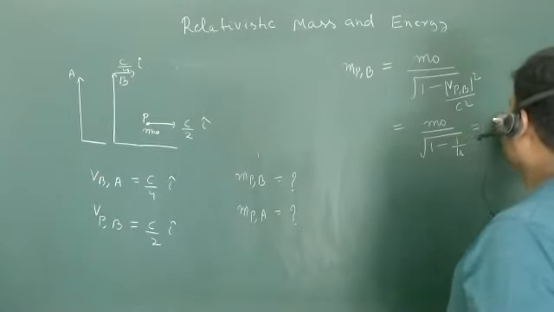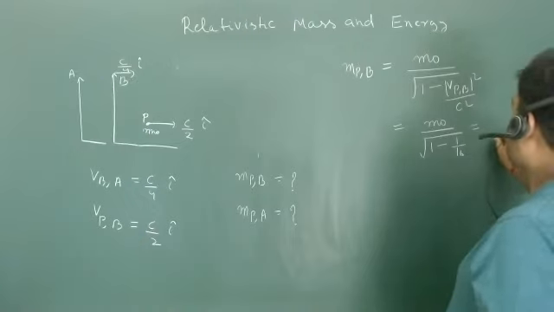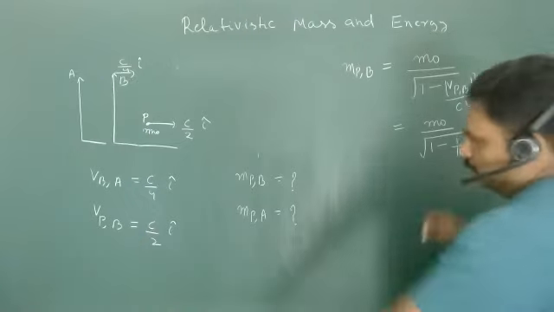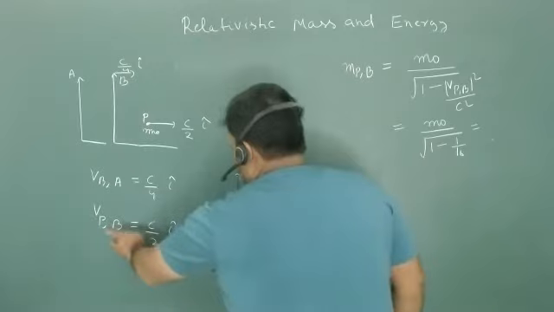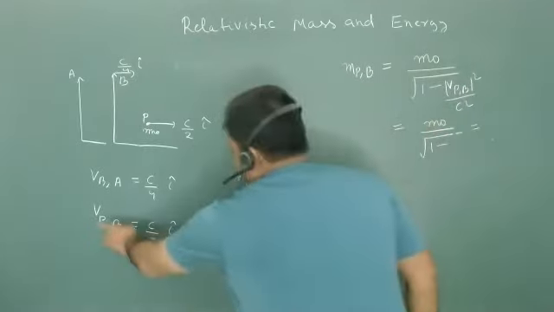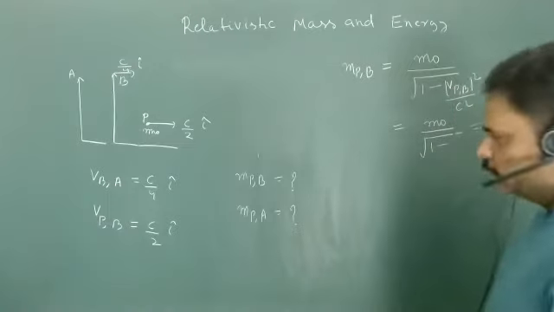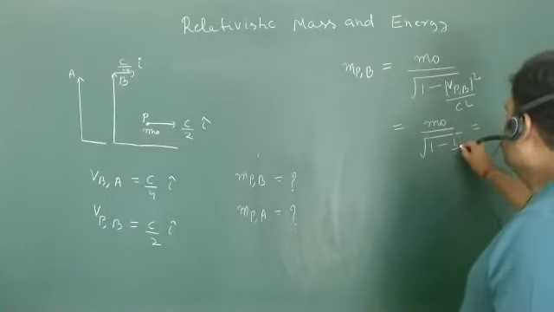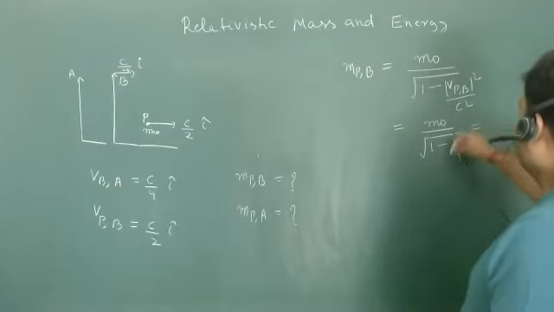So that means we have c by 2, shouldn't it? Sorry. Mass of a particle with respect to B, yes, that is c by 2, and we can have 1 by 4. And what is this value?